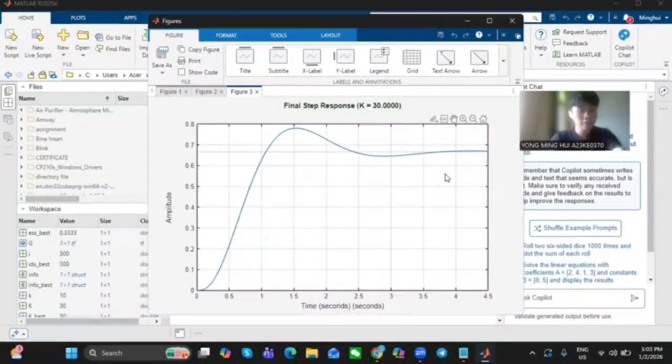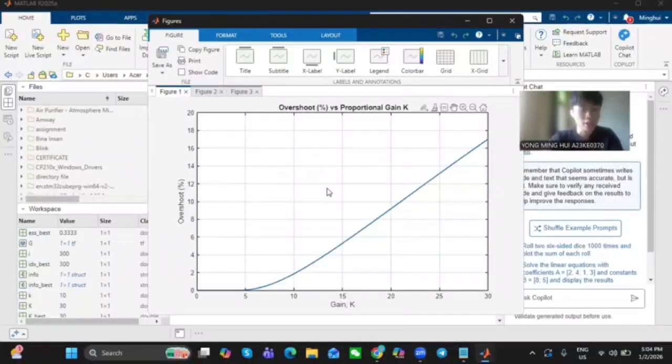Using this method, the selected gain results in an overshoot of approximately 17.04%, which is reasonably close to the design target.